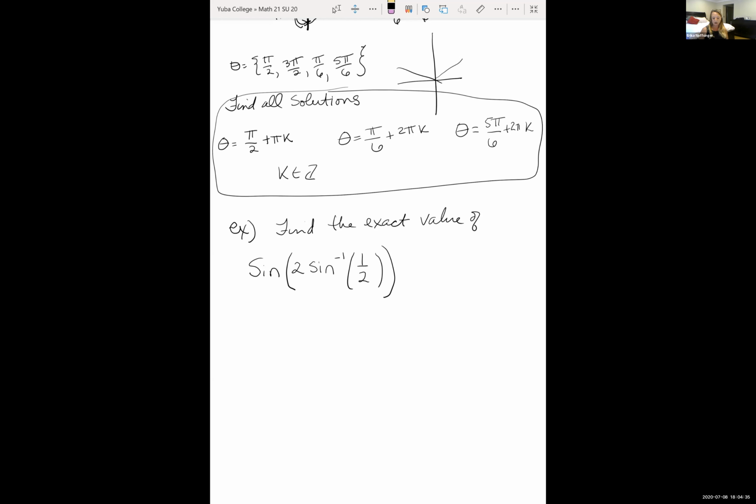Okay, so this is where we're starting with an example, and we have our inverse function in here. So this is where we have to limit what our range is for our inverse. For sine inverse, the range is between negative pi halves and pi halves.